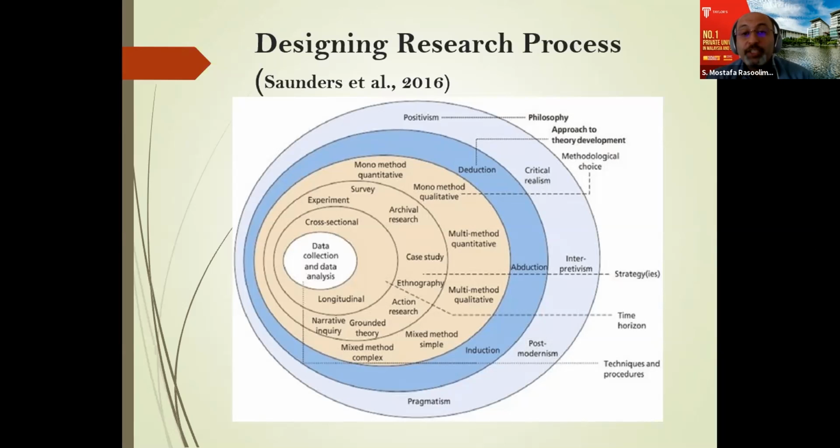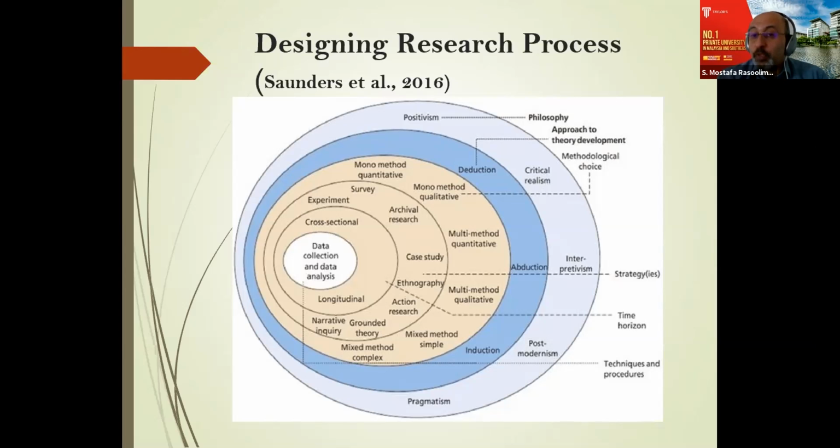So after we identify our research method, this can be mono method like qualitative or quantitative, or multiple method, and under multiple method, mixed method or multi-method. So we have different choices for this layer. We have to explain and justify why mixed method is suitable for our research.